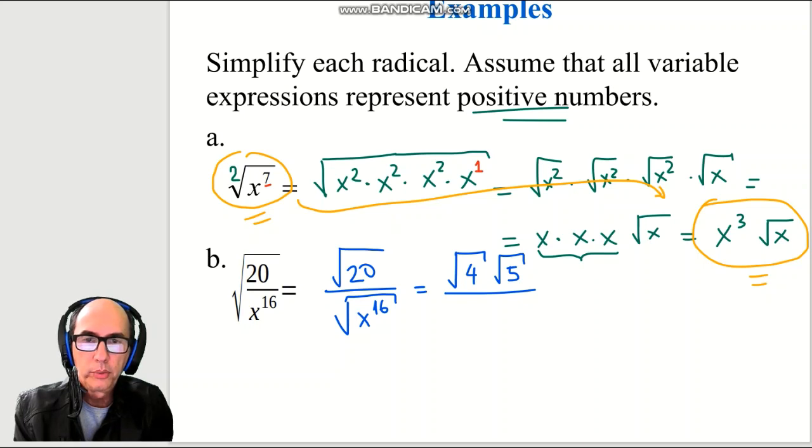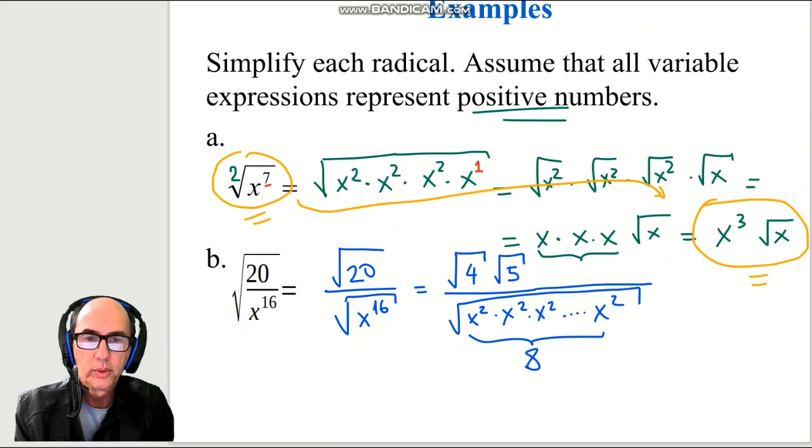On the bottom, we can break down into several perfect squares, x squared times x squared times x squared, how many times are we going to have here? Let's count. 1, 2, 3, 4, 5, 6, 7, 8. 8 times, right? So we have 16. Correct?